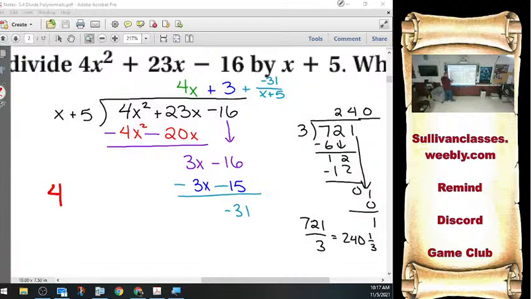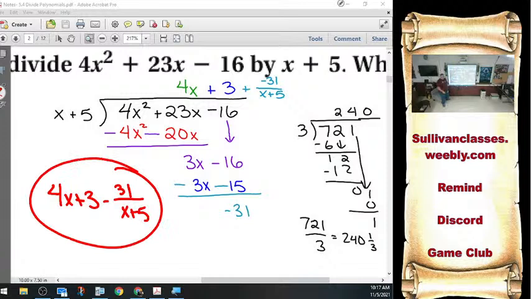I would just say 4x plus 3 minus 31 over x plus 5. Does x plus 5 stay the same with the negative? Yes. Just like over here, if I'm dividing by 3, I will have some number of thirds left over. If I'm dividing by x plus 5, I will have so many x plus 5s left over.